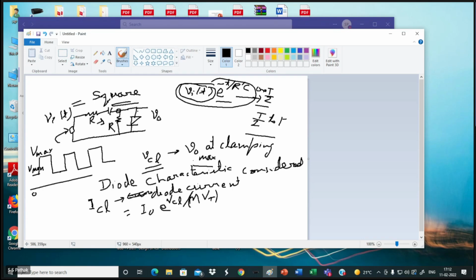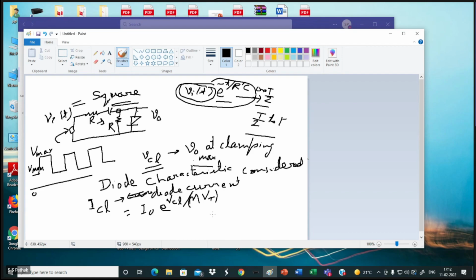So how much is the capacitor charging current? Capacitor charging takes place. This R I have considered here.